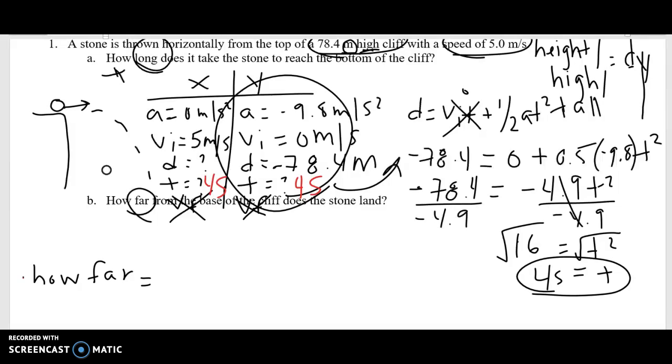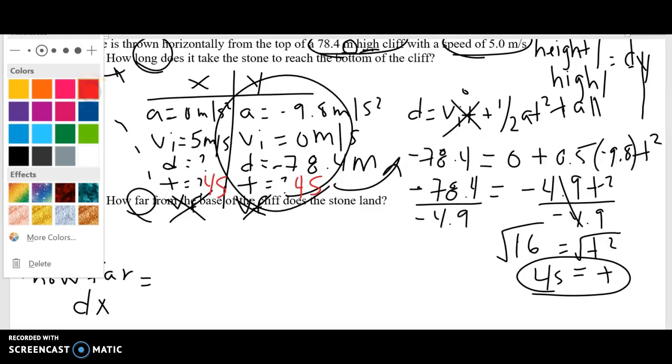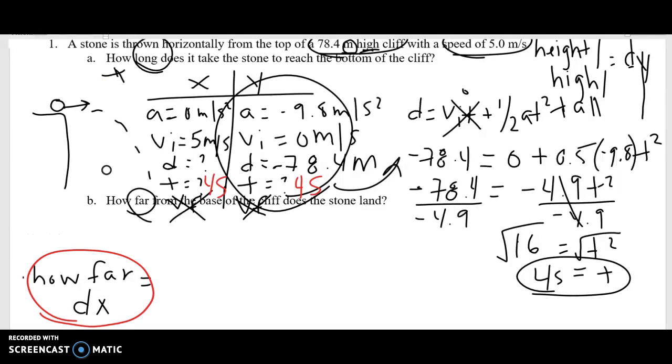How far is going to be dx. So these things are very key to know, those vocabulary words. How far is dx, how high is dy.